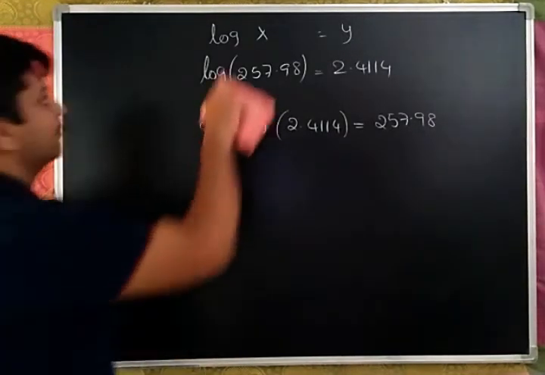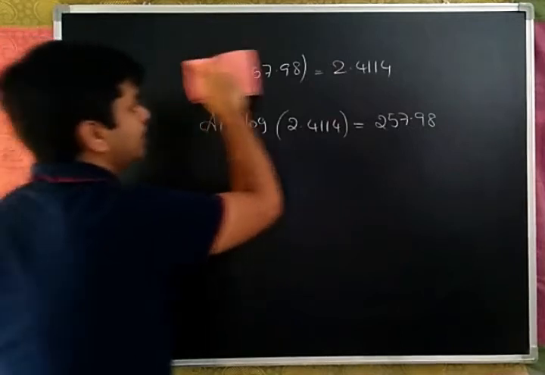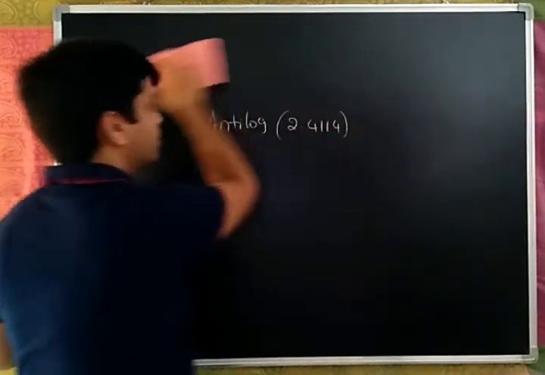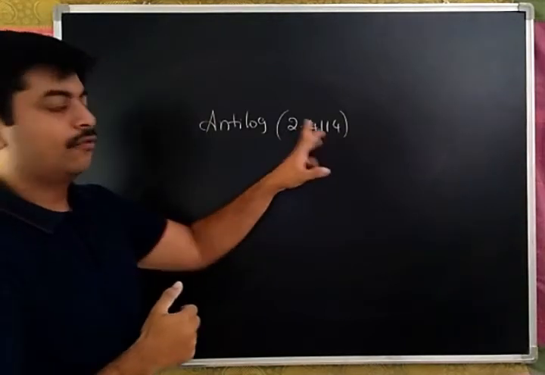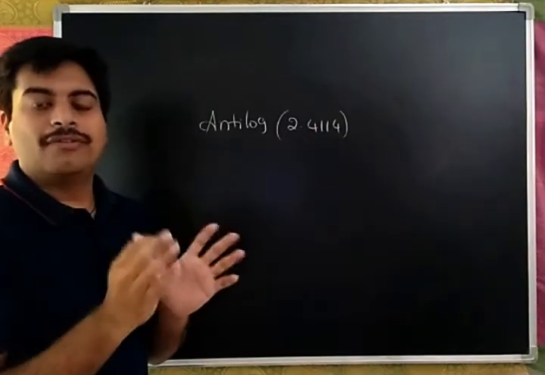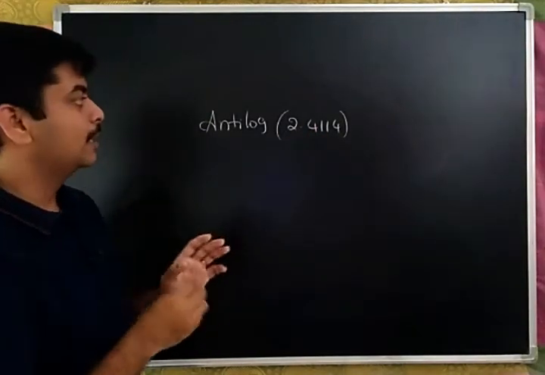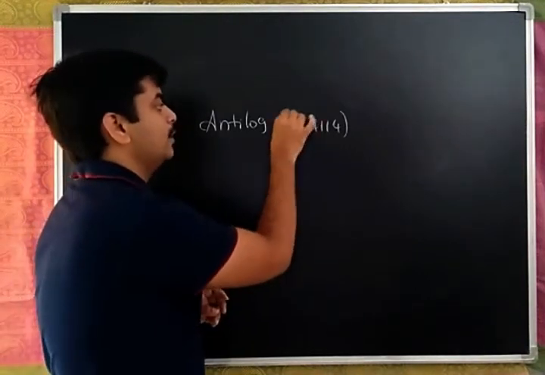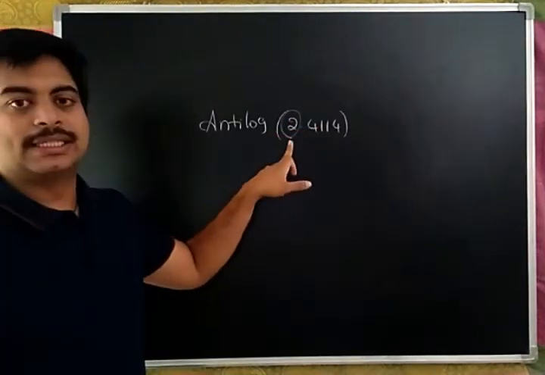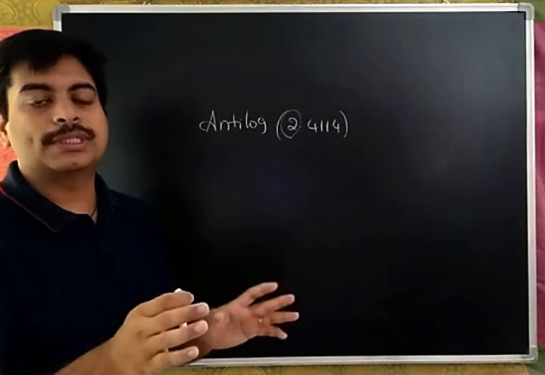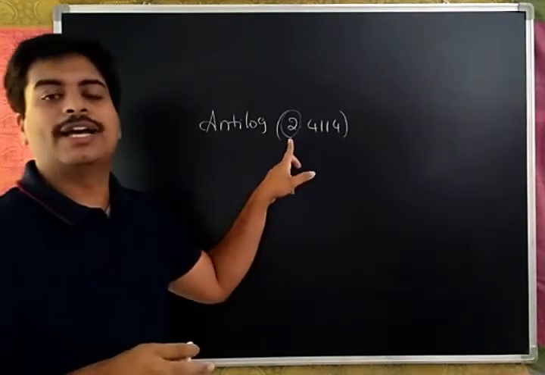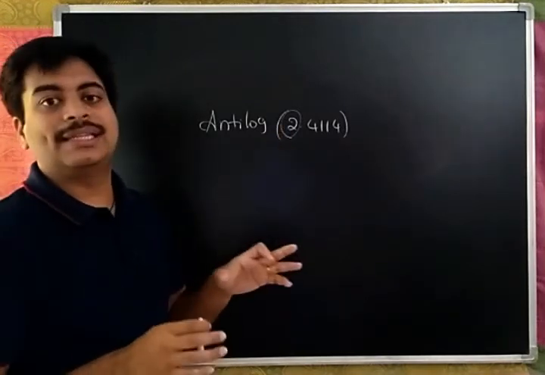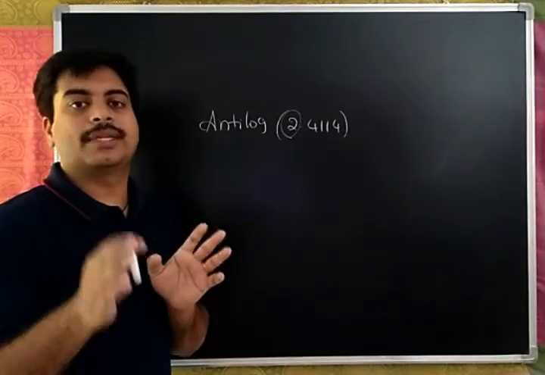Let us take the same example. How to find the anti-logarithm of 2.4114? Always in anti-logarithms, the whole number part here is of no use in finding the digits. It will only decide the decimal point at the end of the problem.